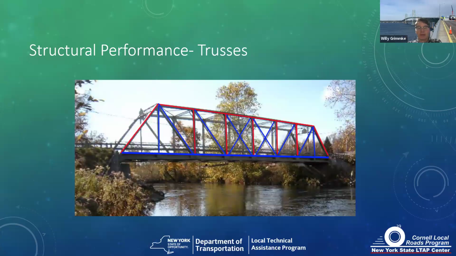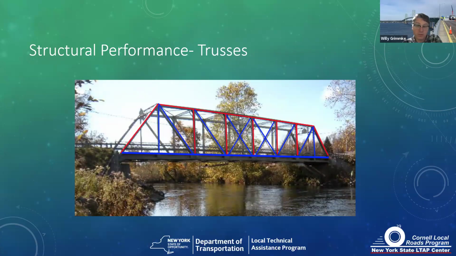For a truss, it is largely acting like a very deep girder. Notice that on the photo, it's illustrated with the red members of the truss in compression and the blue in tension.